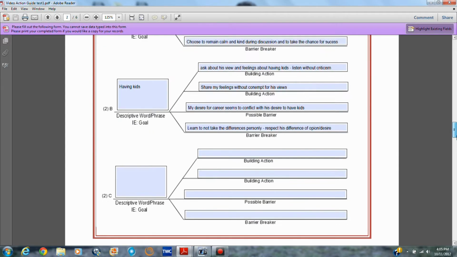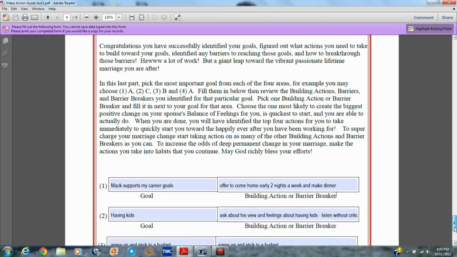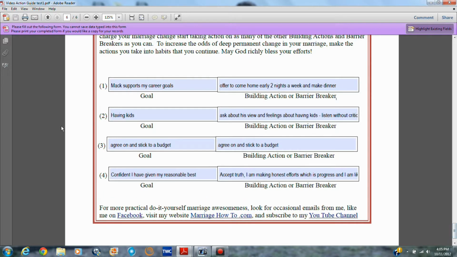And then step 3 is to sort through all those responses and develop your 4-point immediate action plan. You're going to choose the goal that's most important, because each blank has 3 possible answers. So you're going to choose the one goal that's most important, and each goal has 3 possible actions: either 2 building actions or a barrier breaker.